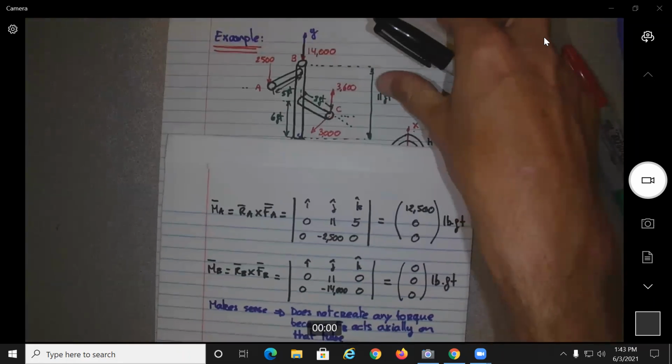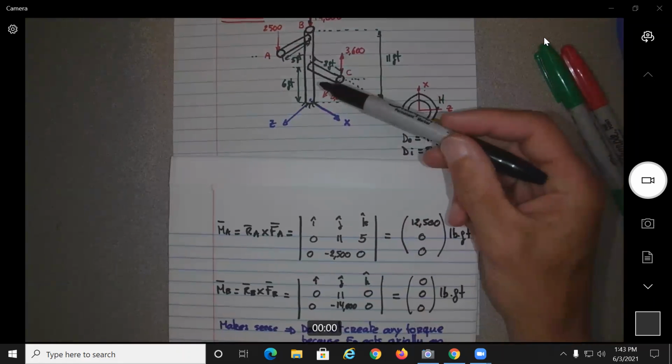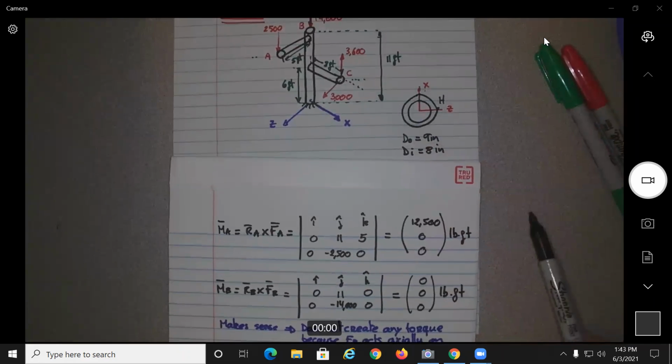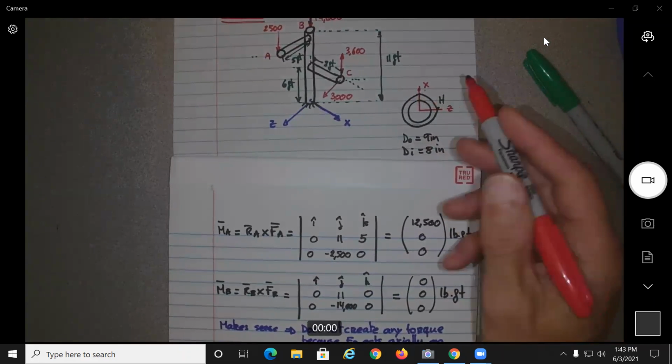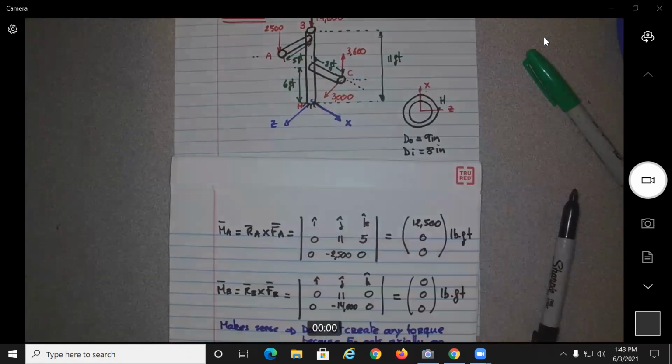Okay, so basically here, maybe I need to clarify something. That way we don't have to do a lot of problem, is that where are we trying to calculate the stresses at point H, which is located here at the root. Okay, so what did we just calculate over here?